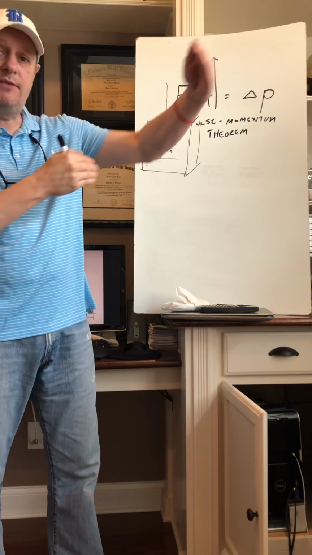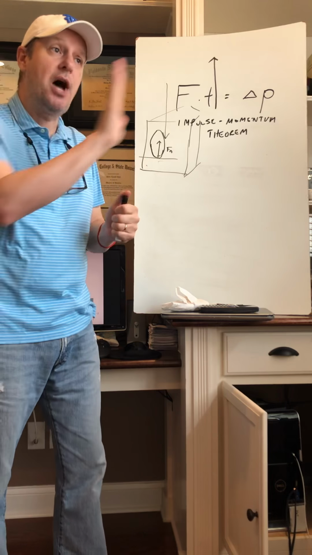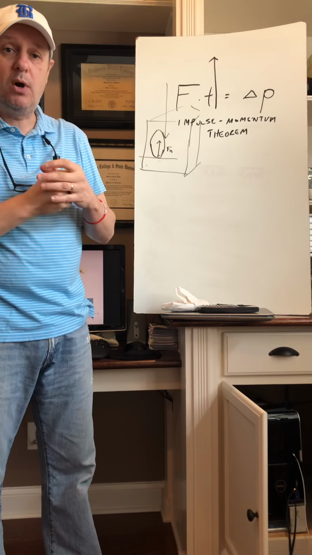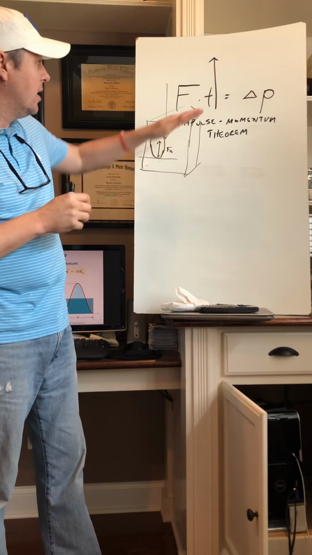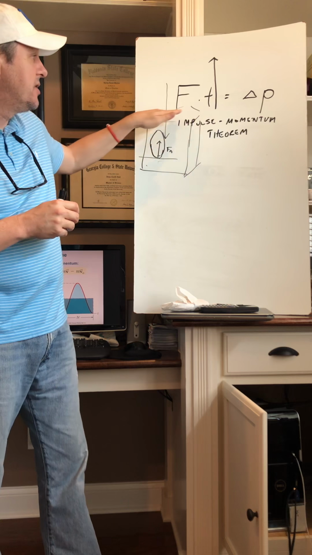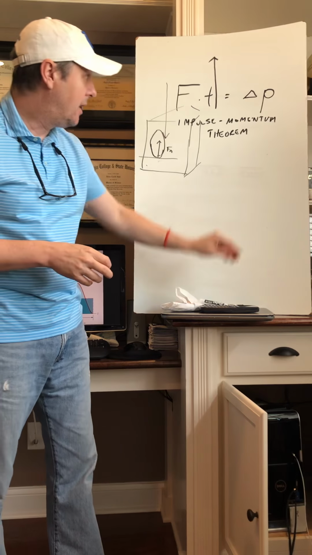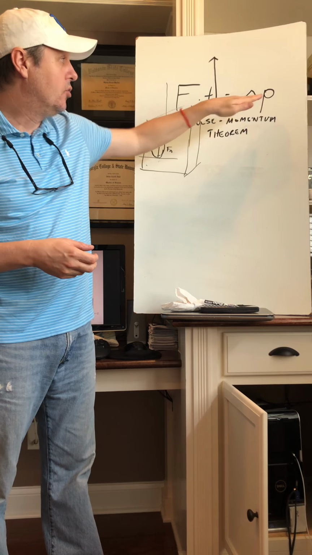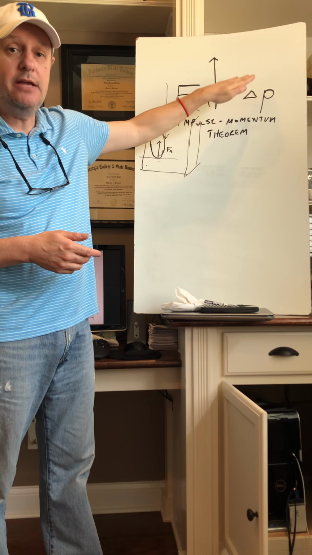But what's the purpose of the airbag? Well, you'd say the airbag is the same thing. It stops your forward motion if you're in a wreck. But what does it do? It changes the force acting on your body through this impulse momentum theorem. If you look at this side, your body is going to come to a stop in an accident, in a collision, either way.